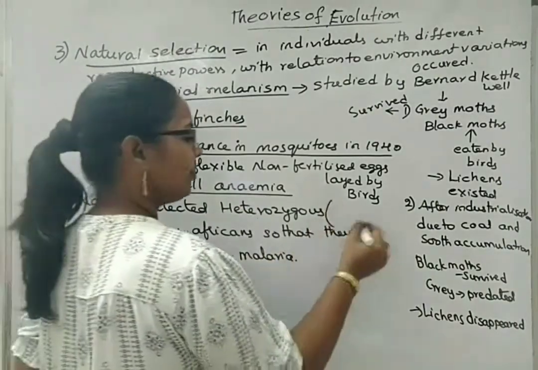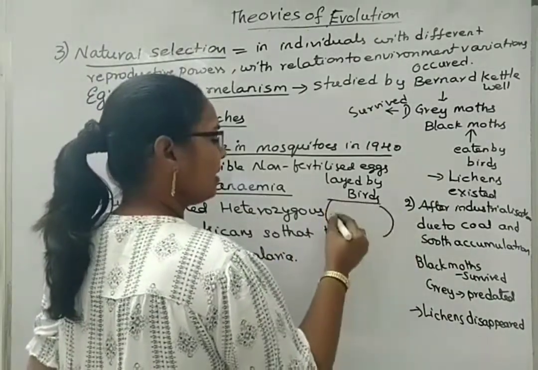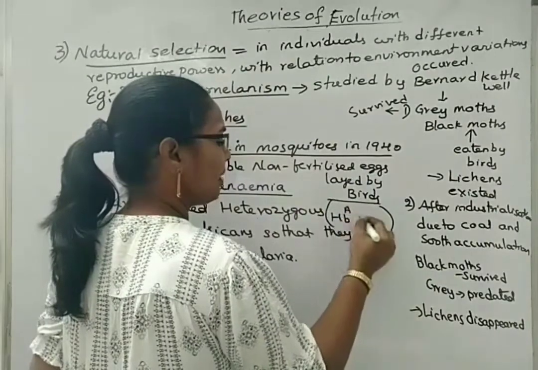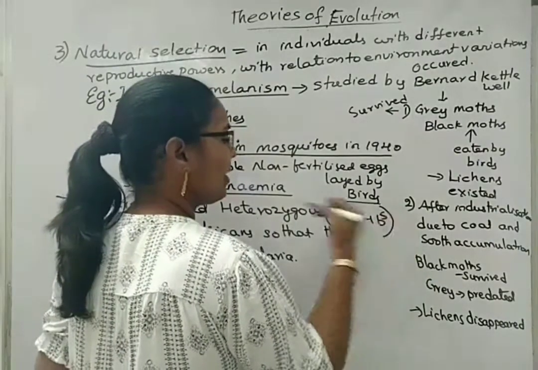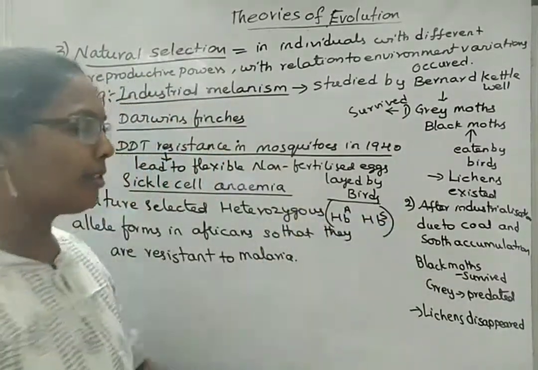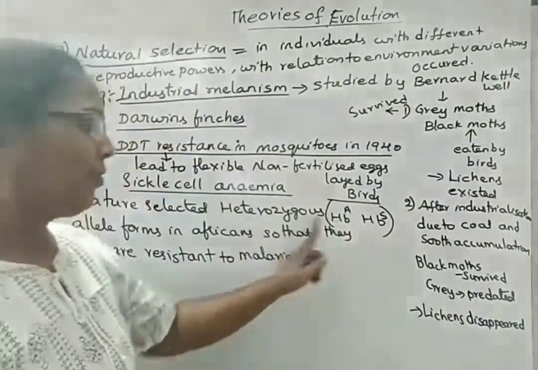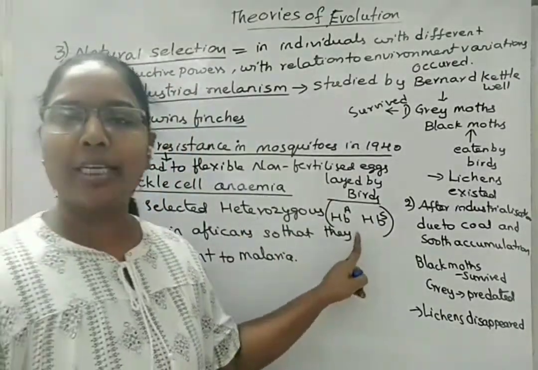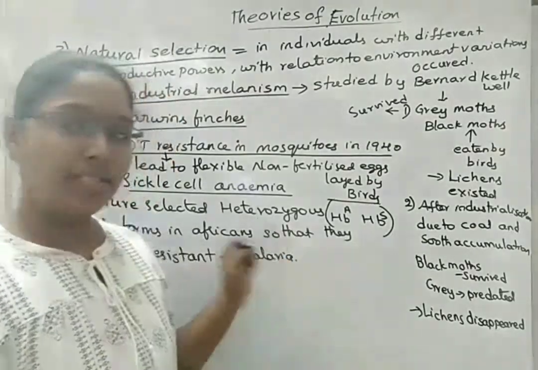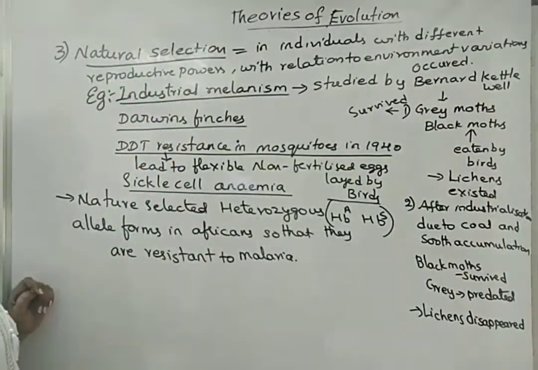Heterozygous in the sense where these alleles exist? These exist on the hemoglobin, HB. Their internal genotypic allele paired form will be like this. So when there is a genotypic form like this, then such people are resistant or tolerant to malaria.